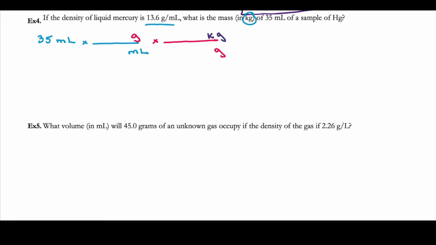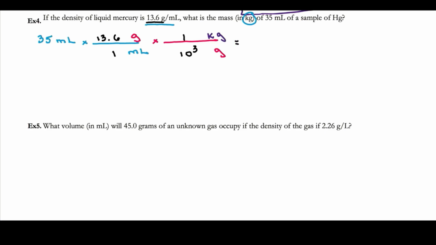All right, let's actually plug in our values now. I actually know this relationship, grams per mL, because looking at my density, this tells me I have 13.6 grams for every 1 milliliter. For kilograms to grams, 1 kilogram is 10 to the third grams.